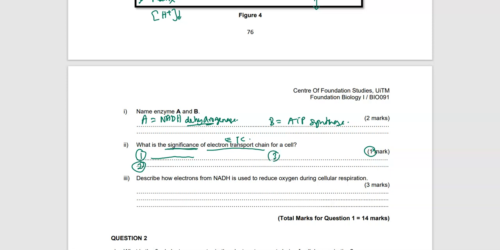For the next point, the energy released is used to pump hydrogen ions from the matrix into the intermembrane space to generate proton motive force, which is important during chemiosmosis to synthesize ATP.